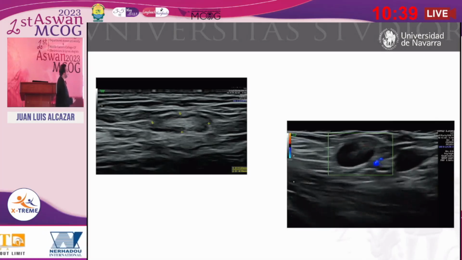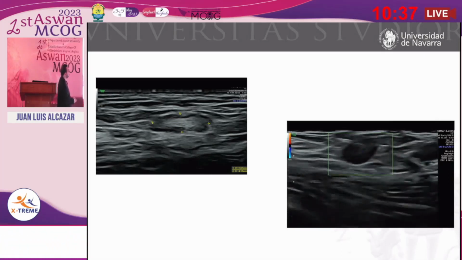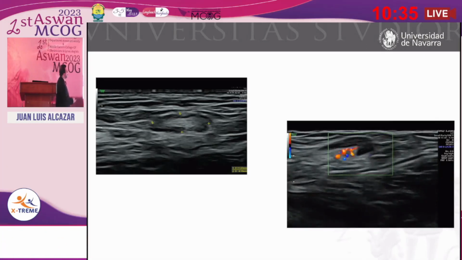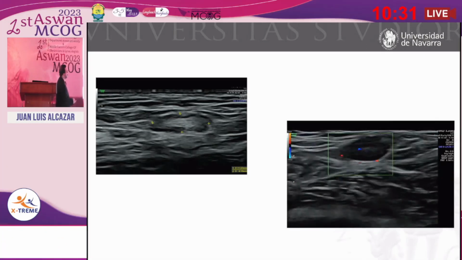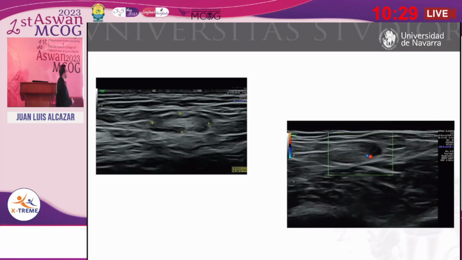Here, we do have some reactive lymph nodes. You see the cortex is a little bit thickened. This is the medulla. But this is not involved by cancer.